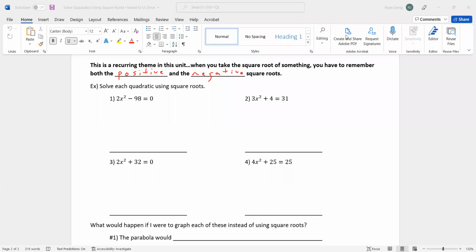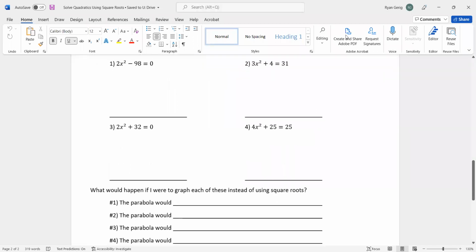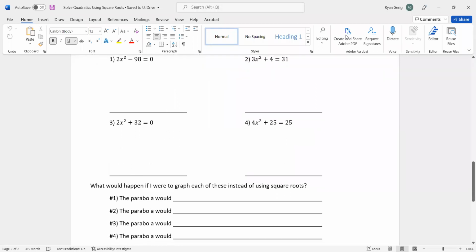Okay, so I'm going to do a few practice problems here. I'm going to scroll down a little bit more. We're going to do the same exact method that we did on page 1, and that is get x squared by itself. So I'm going to add 98 to both sides.